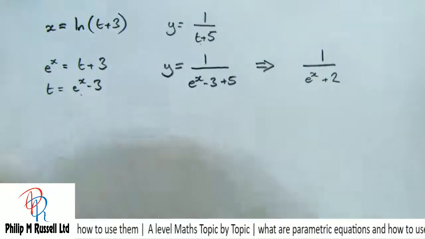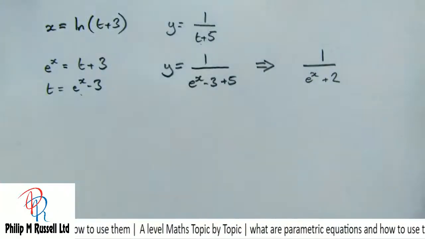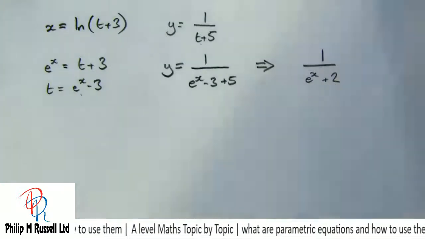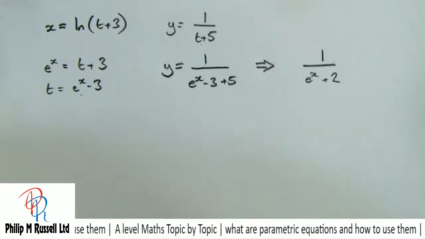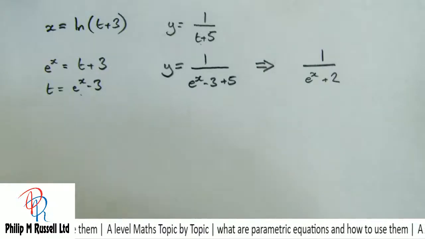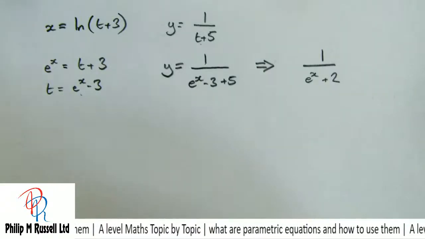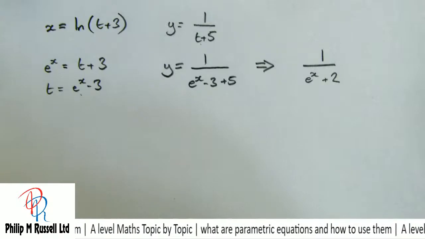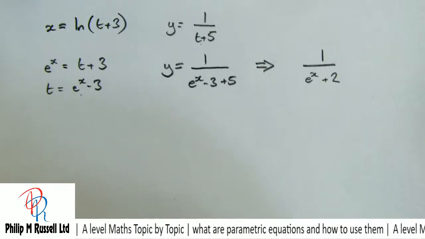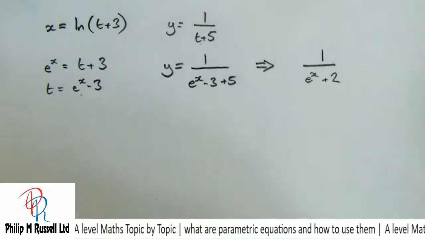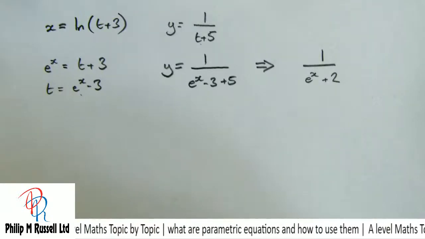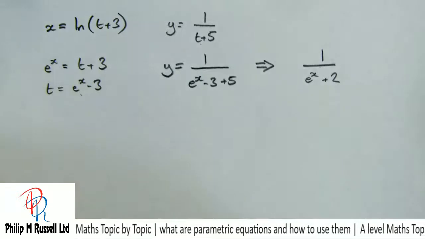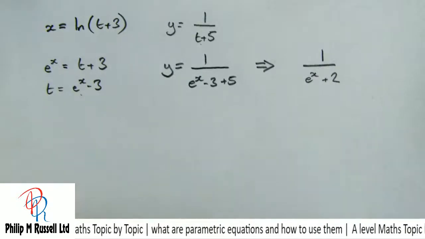Well, where do we go from here? Once we've got this sort of idea, then we can move on and look at perhaps whatever we want to look at: domain, range, fairly standard sort of things to have a look at.